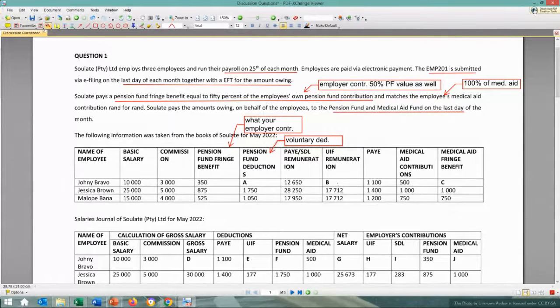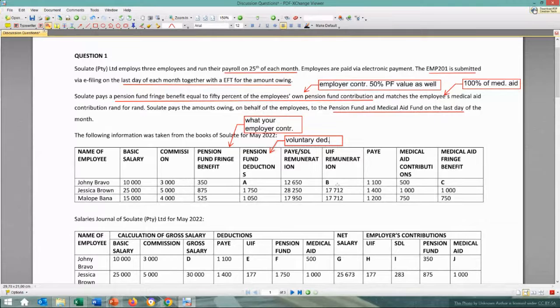Let me quickly see in your textbooks where you would find this information. Okay, in the break, I'll quickly look for it where they explain the UIF remuneration, how you calculate it.